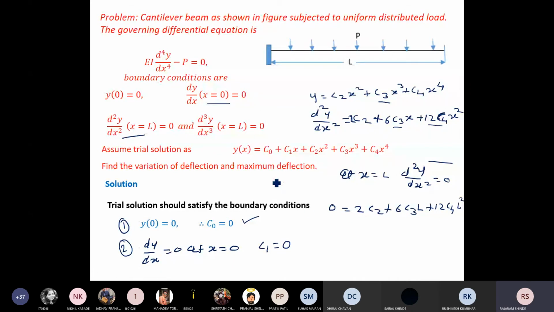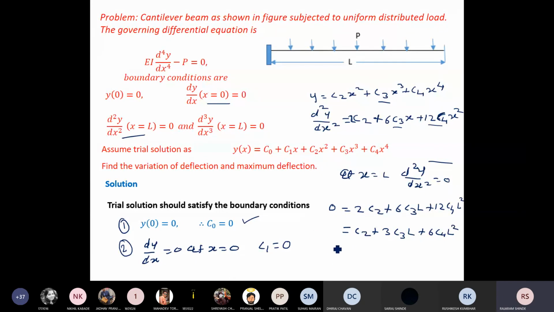Now I will divide the whole equation by 2. It becomes c2 plus 3c3L plus 6c4L square.